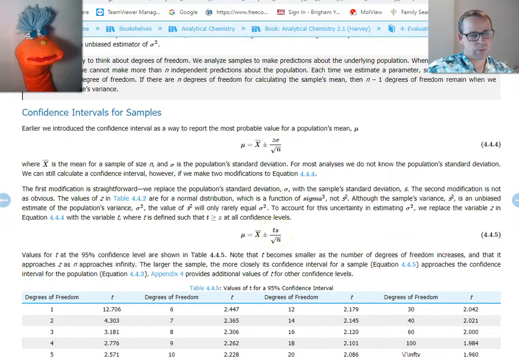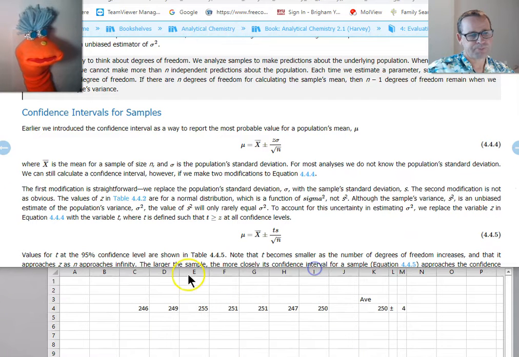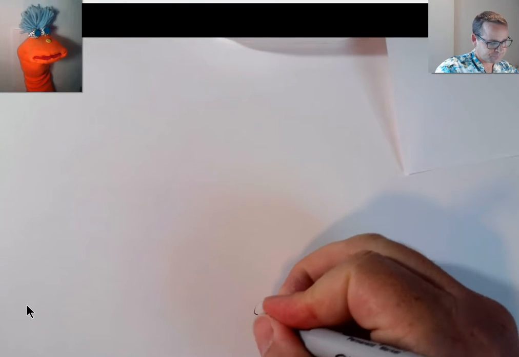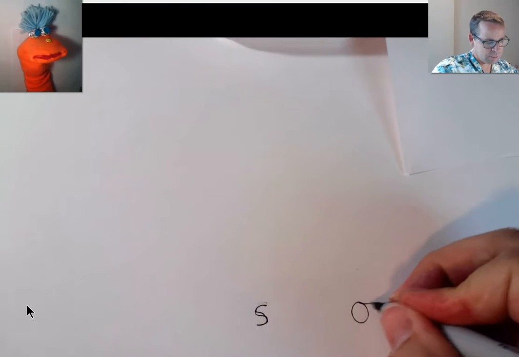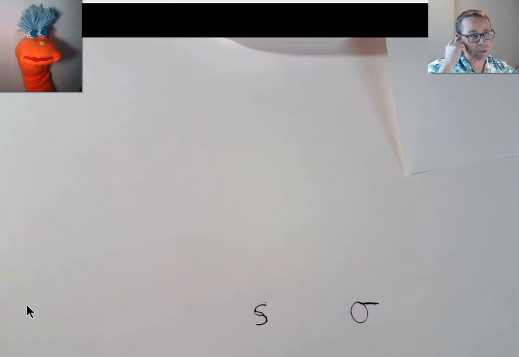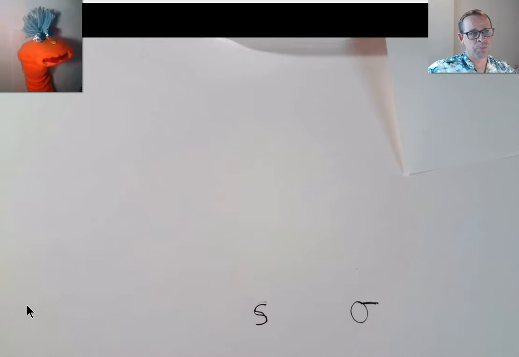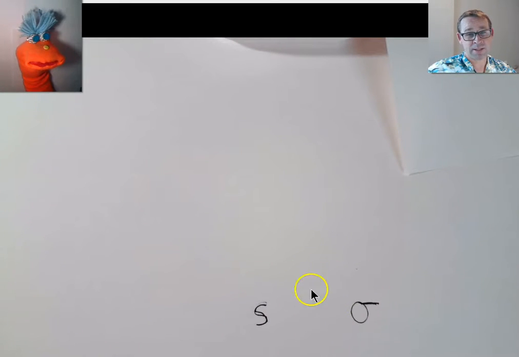What's the difference then between S and sigma? Are you catching what the difference is? Yeah, S is the standard deviation from maybe 5 or 6 measurements, whereas sigma is the true standard deviation. Very good. Now, you might have something that a lab uses as sigma.